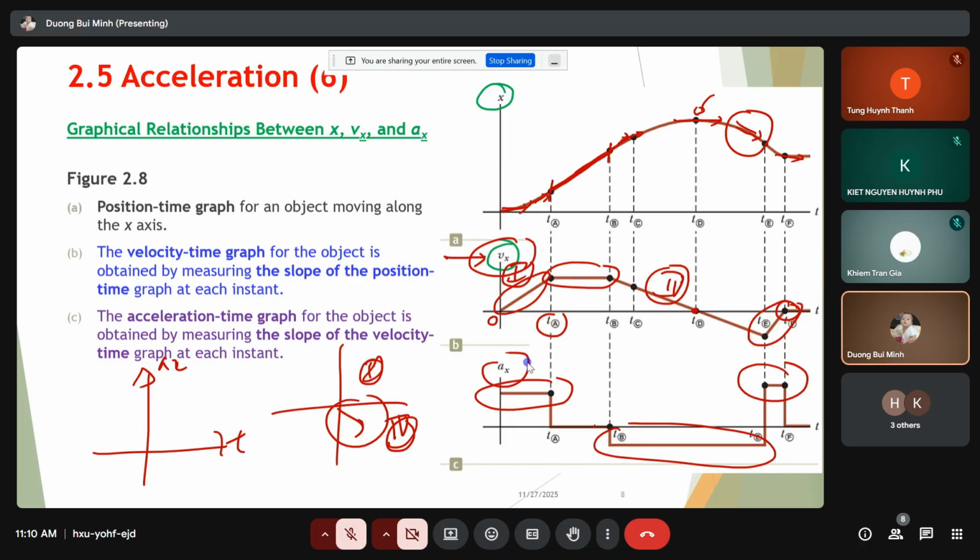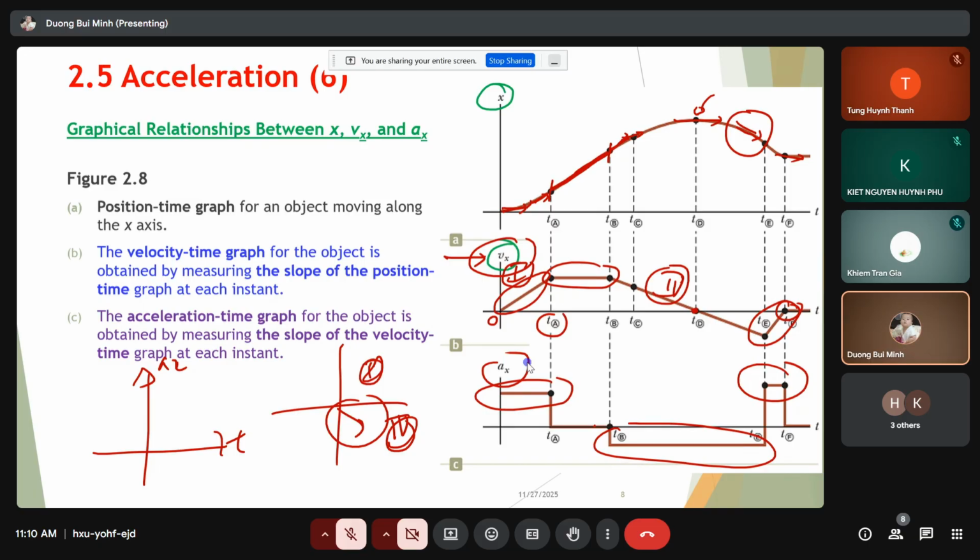Of course. From Vx to Ax, we don't need to estimate the function. But the problem is from x to Vx. You don't know x.